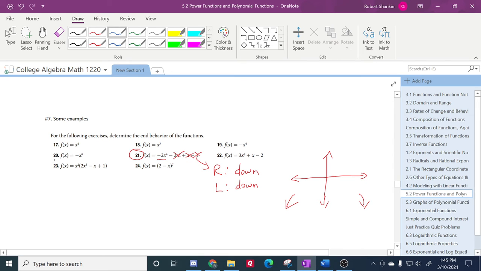Everybody do number 23. And go ahead and hit enter into your group chat.